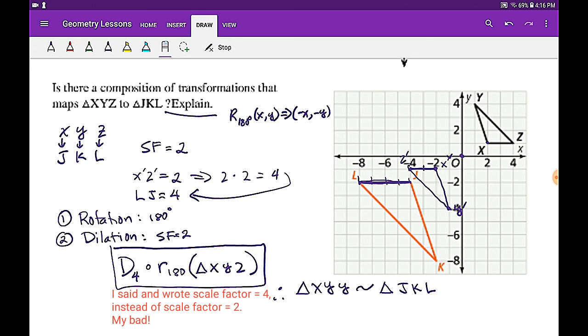So the implication of this composed transformation that involved the dilation is that the two figures are similar.